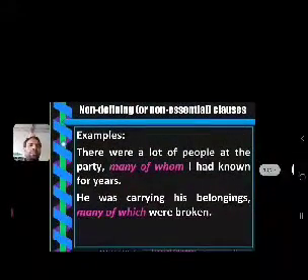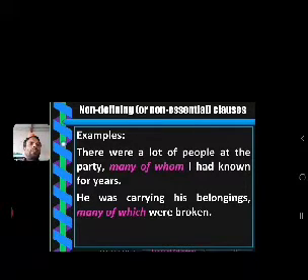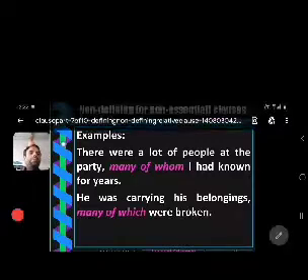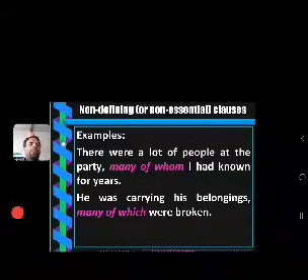For example, here you can see: there are a lot of people at the party, many of whom I had known for years. The words in pink are a non-defining relative clause. Many of whom: the relative pronoun whom has been used here with many of.